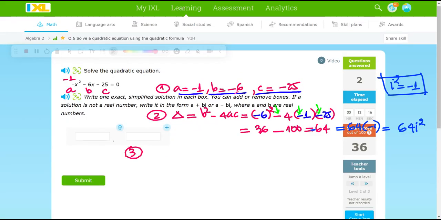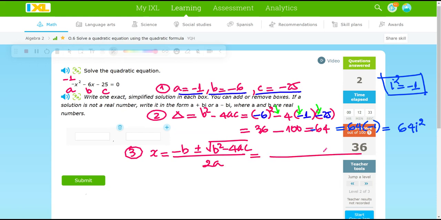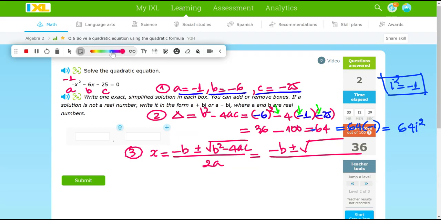So substitute a, b, c and delta into the quadratic formula, which is x equals subtract b plus minus square root of b squared subtract 4ac over 2a. Alright, so we put it in, subtract b plus minus, but b squared subtract 4ac, it is the delta.